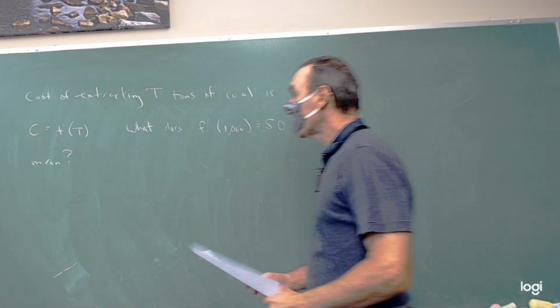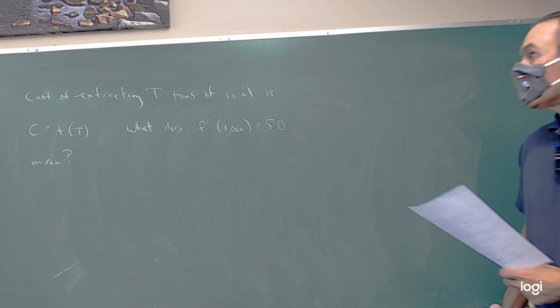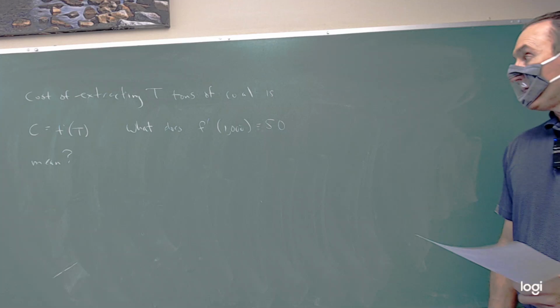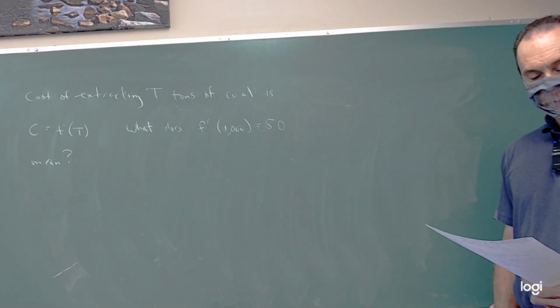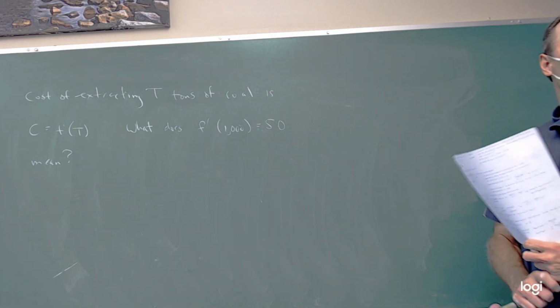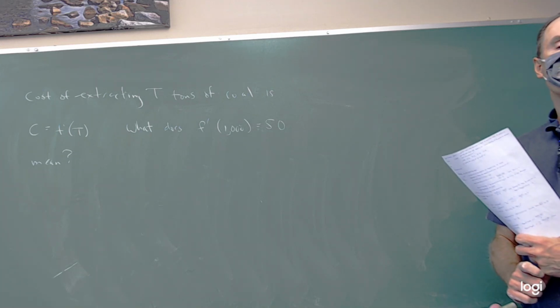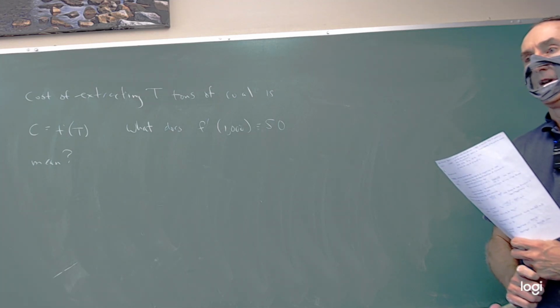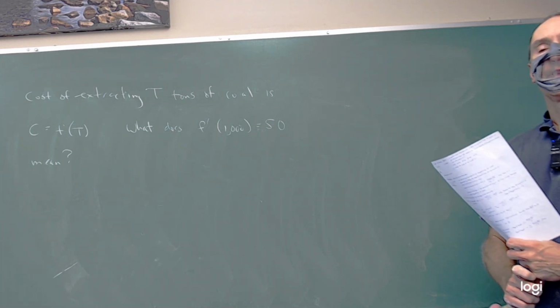So our cost function now is for extracting tons of coal. So what does F prime of 1,000 equals 50 represent? Turn to your neighbor and tell them what you think.